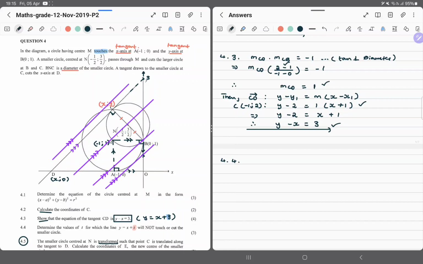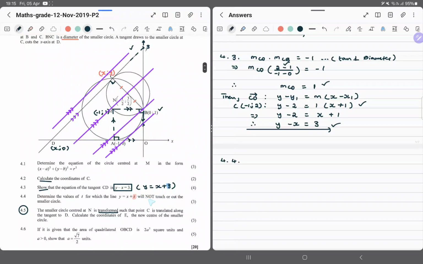So this is a line that we can approve for our answer. So notice the y-intercept is a value greater than 3, and the y-intercept could be a value less than 1, and that satisfies the constraint of not touching or cutting the smaller circle.